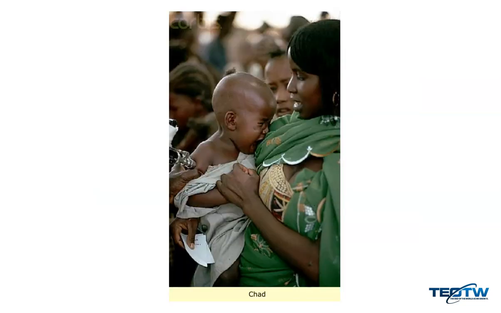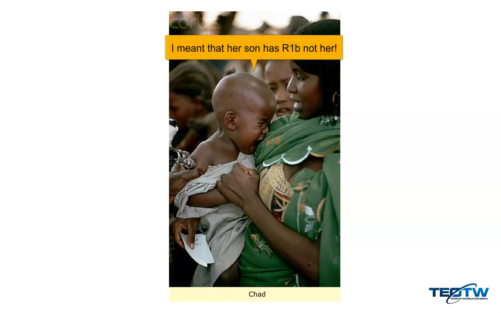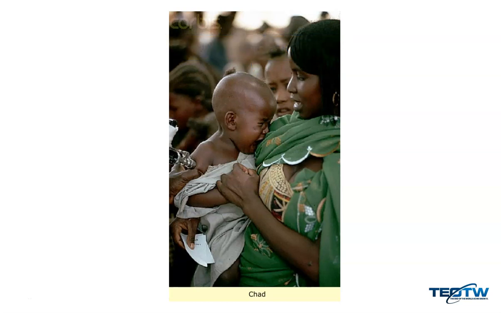Okay, so here's a person from Chad with R1b. Now, if you go by what some people try to teach as R1b haplogroup, how do you explain this woman having the so-called white man's gene? That's not what haplogroups are, right?